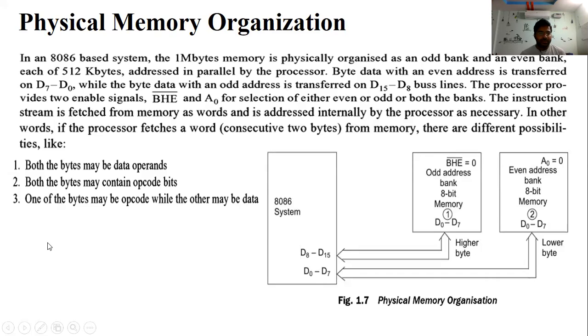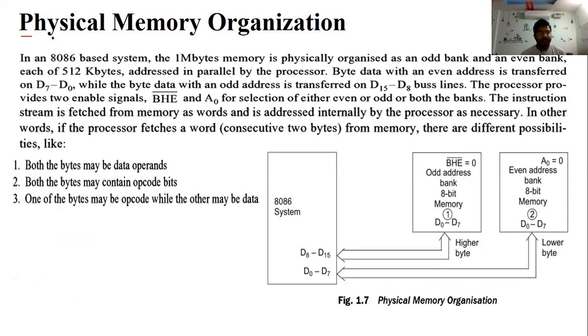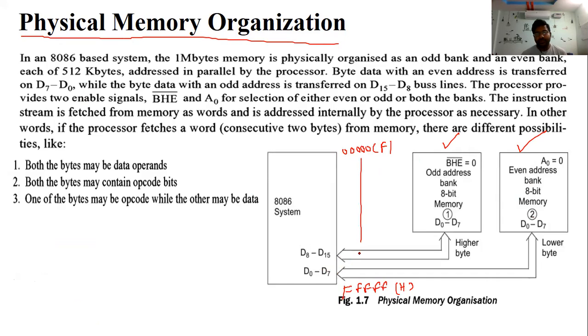You know that physical memory is divided into even address and odd address. The address starts at 00000 and goes to FFFFF, this is the 8086 memory location size. So this is a 1 MB memory location size.